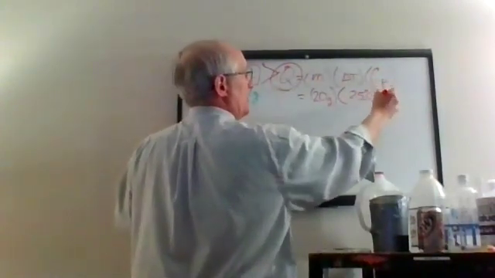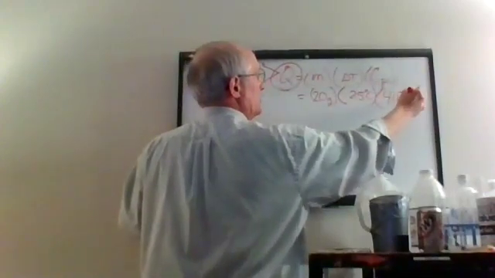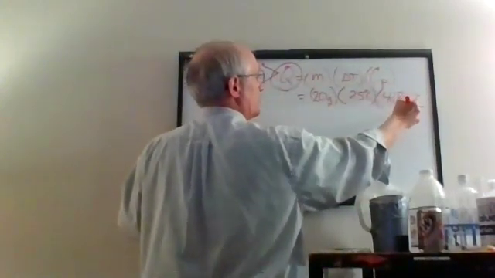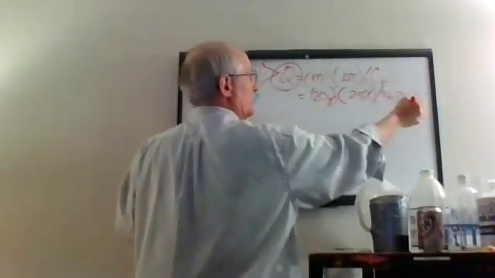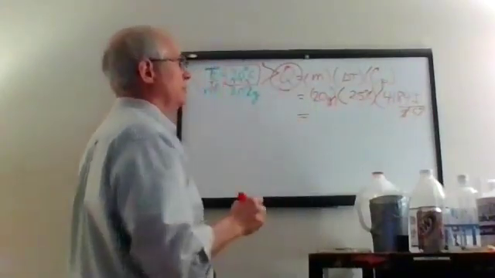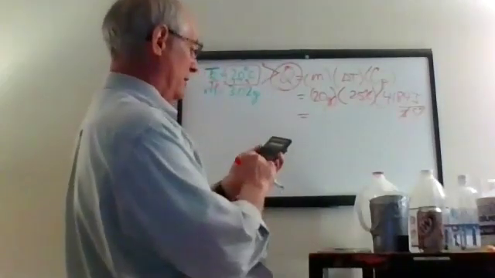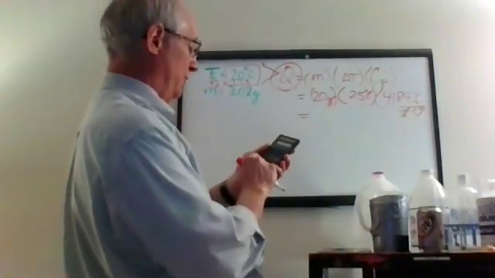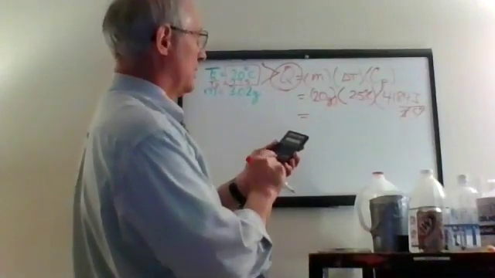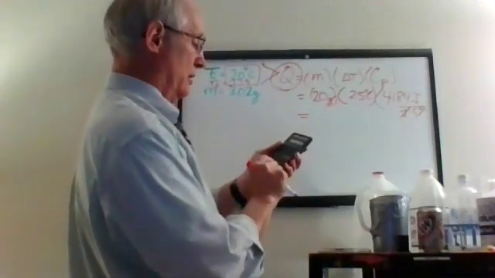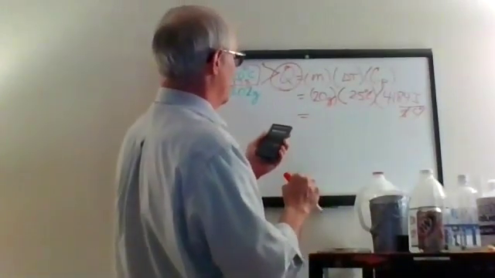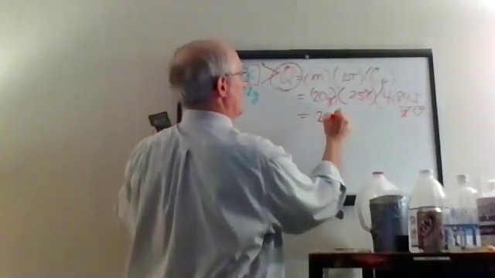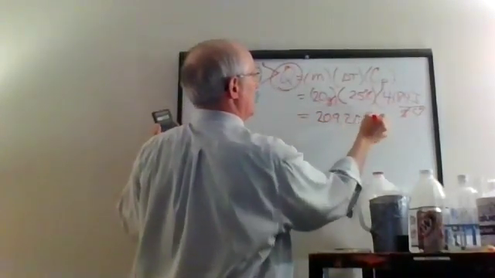And the specific heat of water is 4.184 joules per gram per degree Celsius. So grams cancel, Celsius cancels. How many joules? Let's multiply: 20 times 2.5 times 4.184. Sorry, I'm taking so long. Trying to do a little lab here for you. That's 209.2 joules.